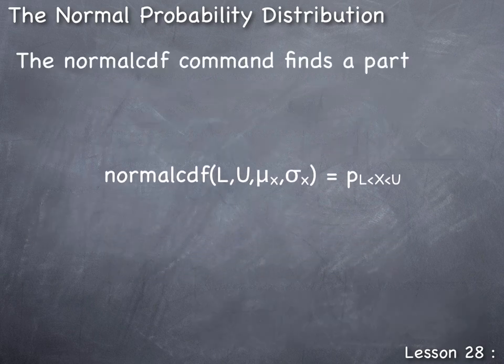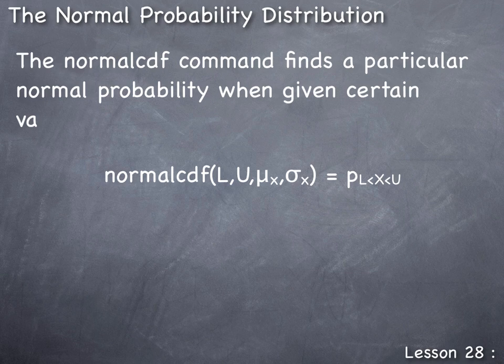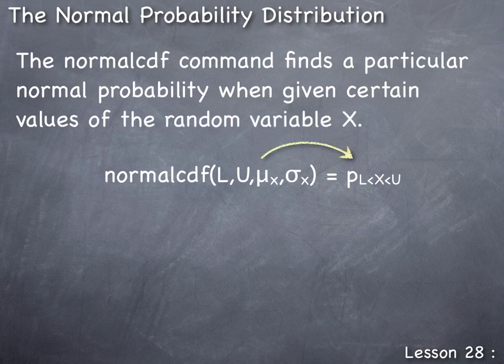The normal CDF command finds a particular normal probability when given certain values of the random variable x. That is, when given these certain values of the random variable x, the normal CDF command calculates a corresponding probability.